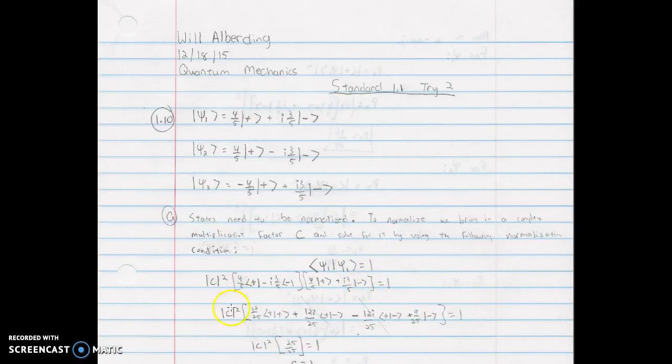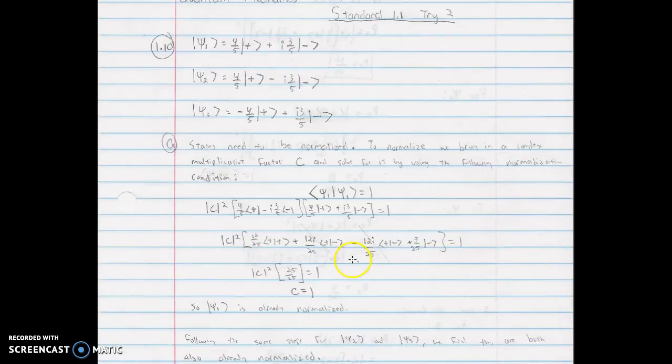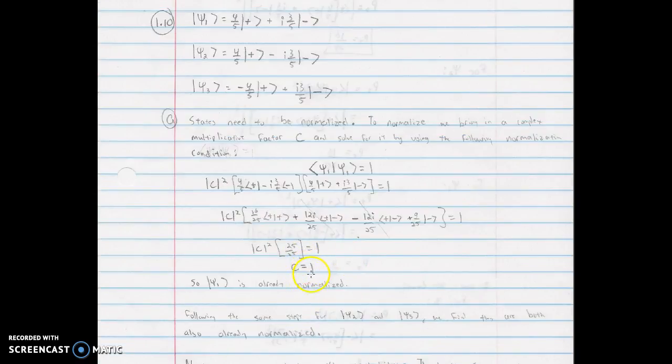We go through the steps, and when we solve for it, we get c equals 1, which implies that the state is already normalized. We follow the same steps for state 2 and state 3, and we get that c equals 1 for both, so all of them are already normalized.